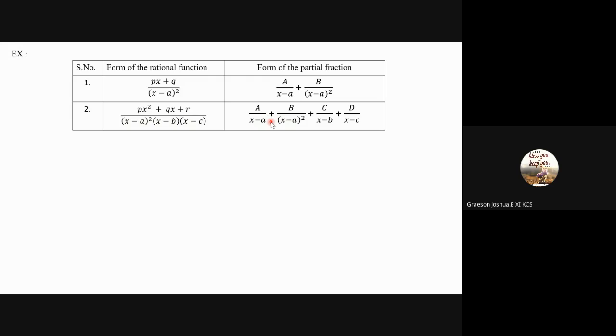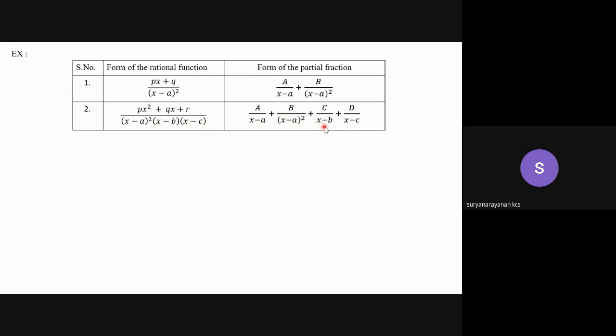Yes, sir. And come to the (x minus b). This is a non-repeated linear factor. So corresponding to this non-repeated linear factor, we wrote one partial fraction.